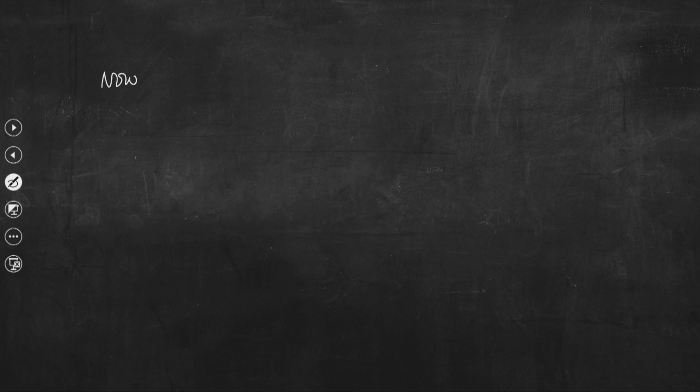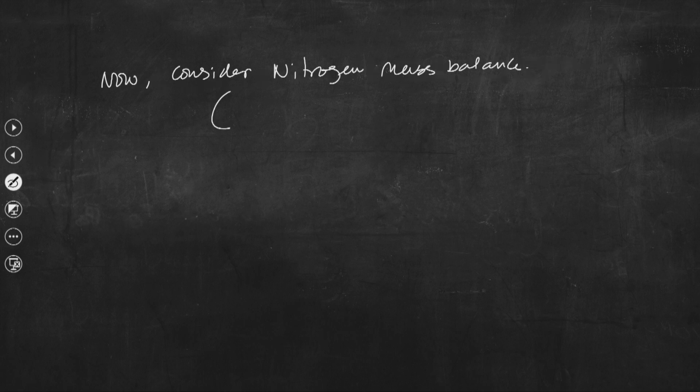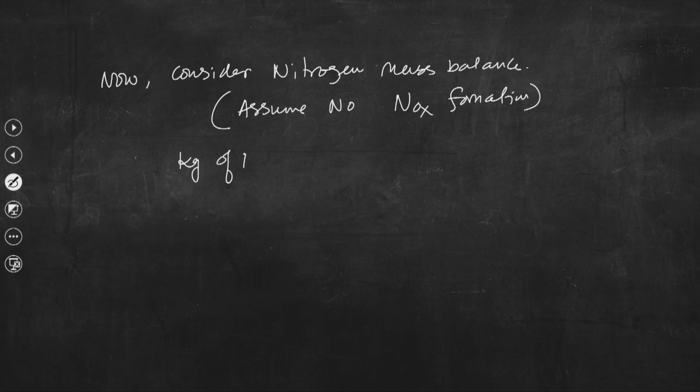Knowing this, let us now consider nitrogen mass balance. If we consider nitrogen mass balance and assume no NOx formation, we can write kg of nitrogen, which comes from air only, by kg of fuel.